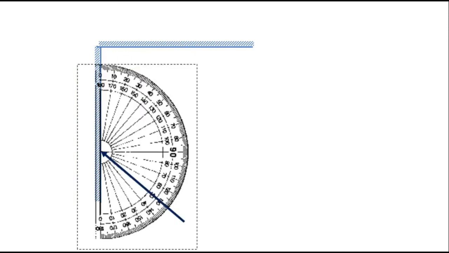The angle between the plane of the mirror and the incident ray is 50 degrees here, right? Now you have to draw the normal and then draw the reflected ray, and that reflected ray will go and hit this plane mirror. Again it will reflect from there, right?